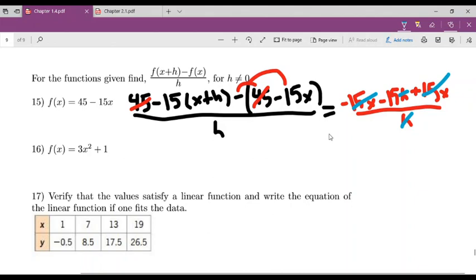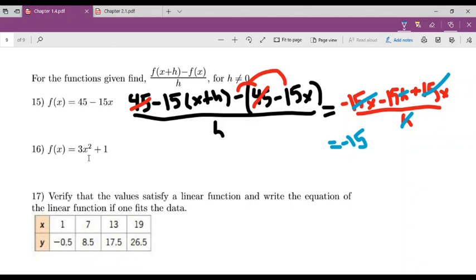All you wind up with is a negative 15, which makes sense because this is a linear equation, and your rate of change, which is essentially what this function finds, of a linear equation is just going to be your slope. Okay, this one's a little different because it's squared, it's not a straight line, so it involves a little bit more work.